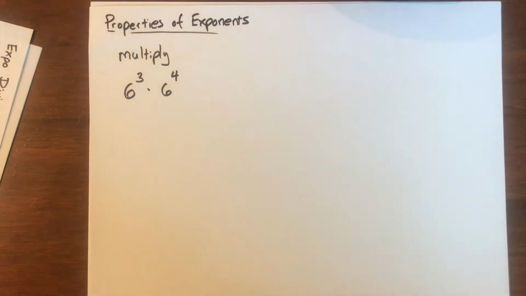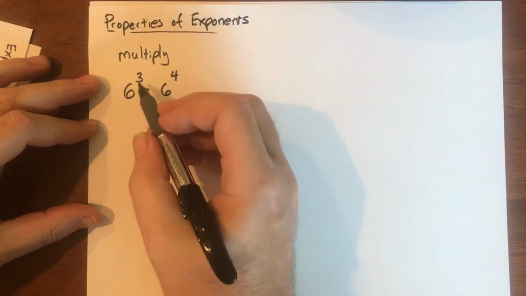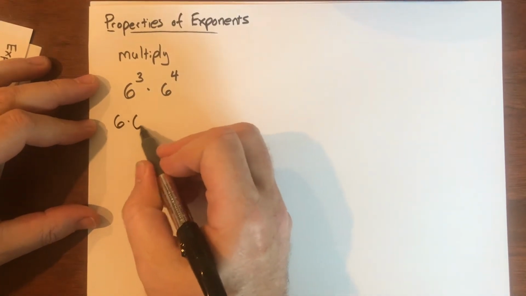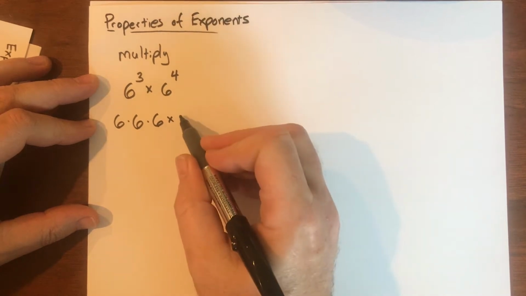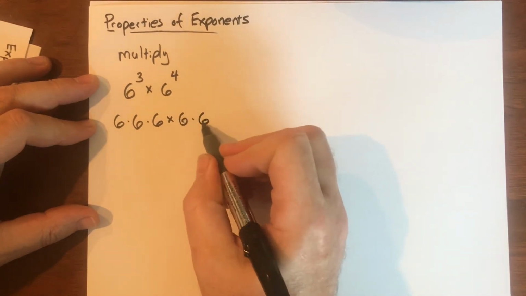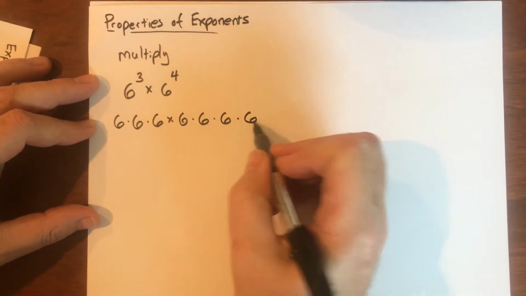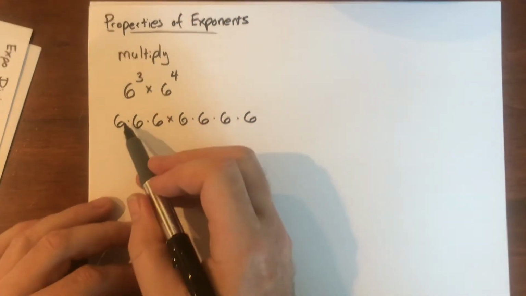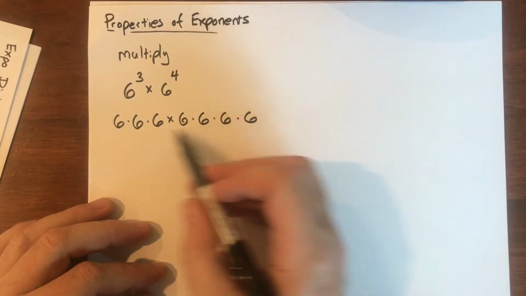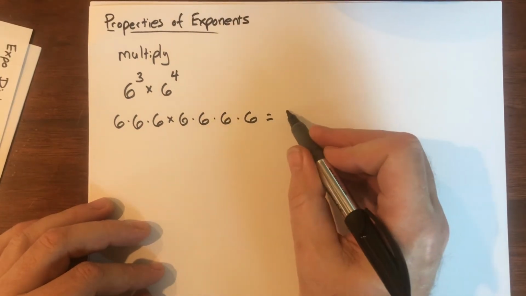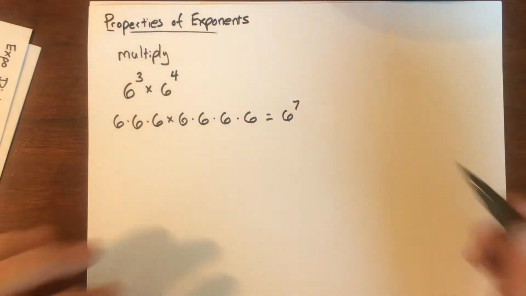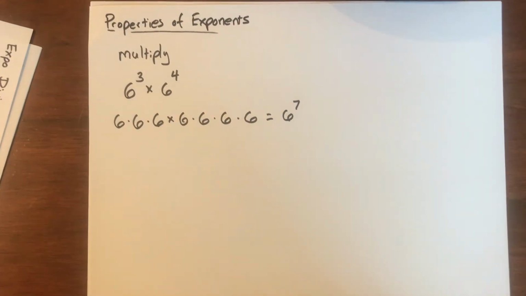The long way is saying, well, I have 3 6's multiplied together right here, and right here I'm going to now multiply that by 4 more 6's. And following the rules of exponents, if I total all these up, 1, 2, 3, 4, 5, 6, 7, that would mean I have 6 to the power of 7. That is the long way.